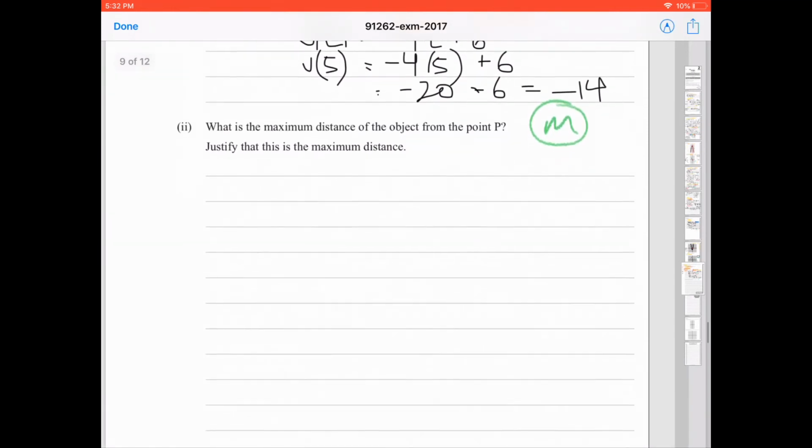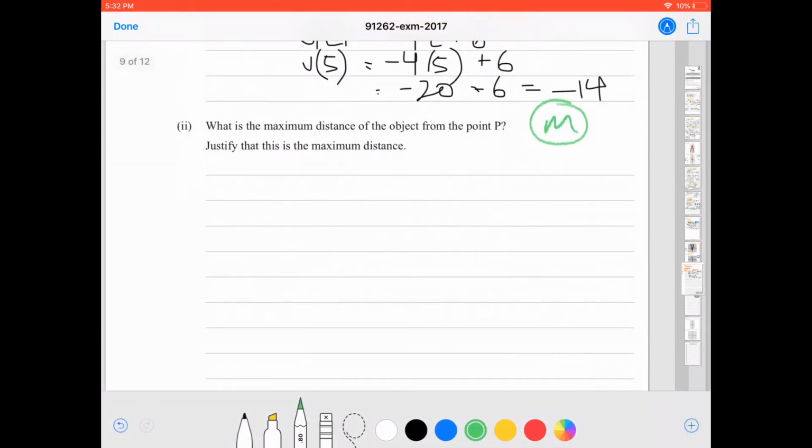Question 3C2. What is the maximum distance of the object from point P? Justify that this is the maximum distance. Okay, so let's just write out what we know. We've got a of t was, I think, minus 4, right?